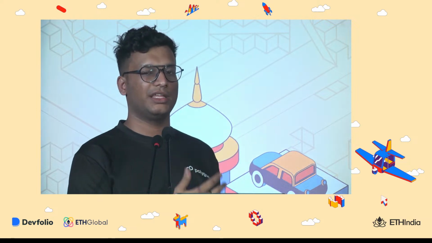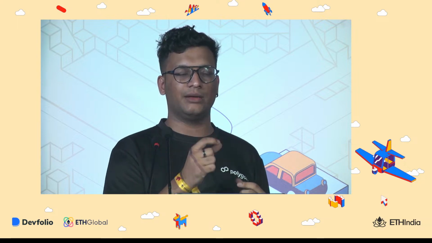Zero knowledge here is used in the following way: when I am transacting on Polygon zk-EVM, all the transactional data stays on zk-EVM itself. It's just that the summary is posted on Ethereum, right? So Ethereum doesn't know about that data, but still it knows the state of zk-EVM.